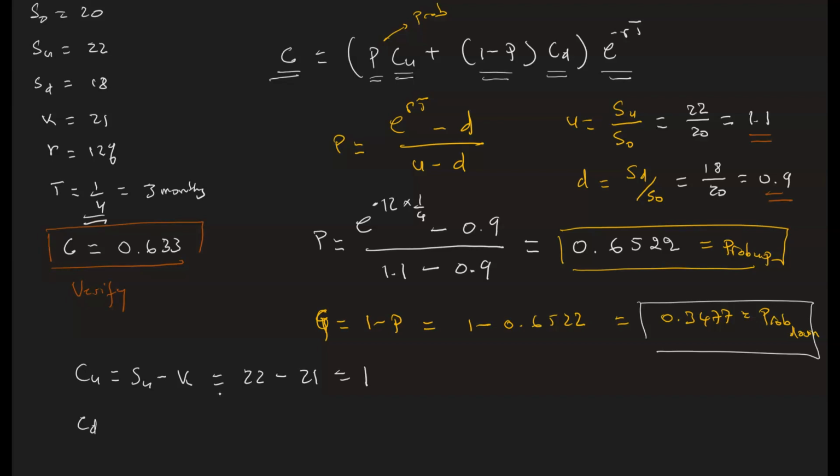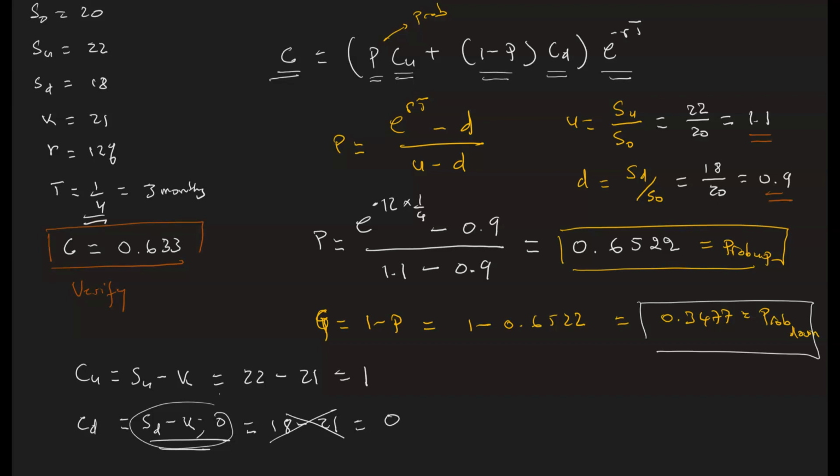And call down is going to be equal to stock down minus strike price, or 0, remember, is the maximum of the two. And so we're going to have stock down, which is 18, minus strike price, which is 21. That gives us minus 3, but we cannot use that because we're taking the maximum of this, so call down is actually going to be equal to 0.